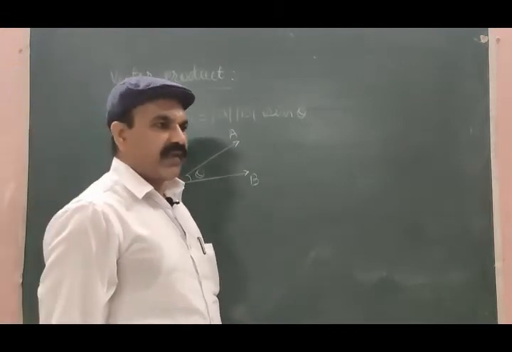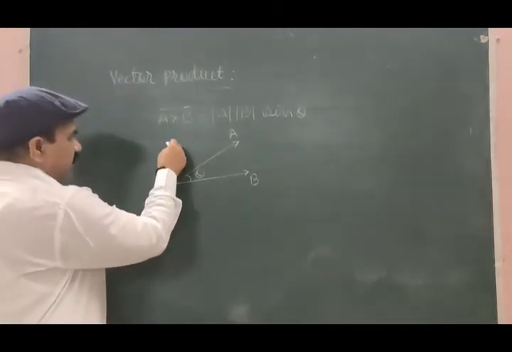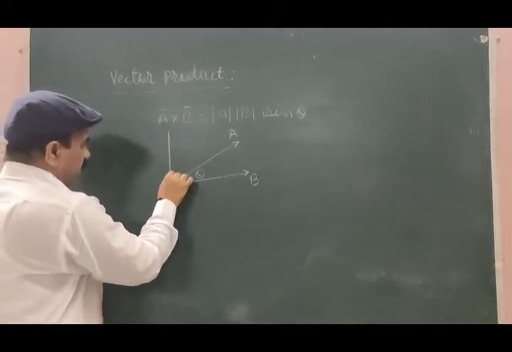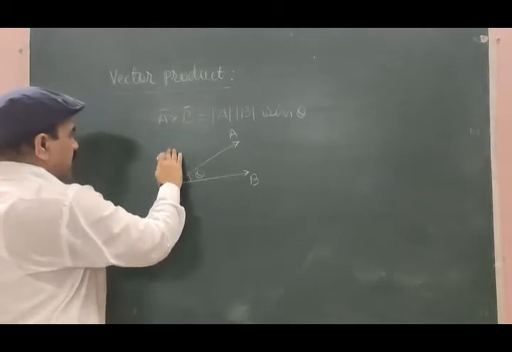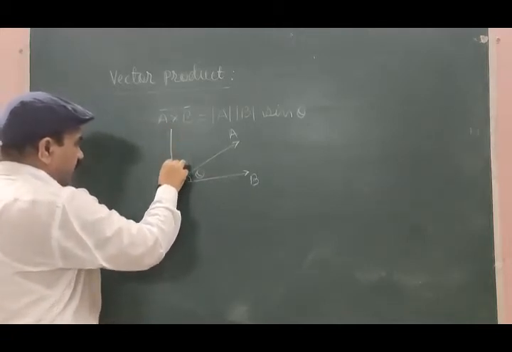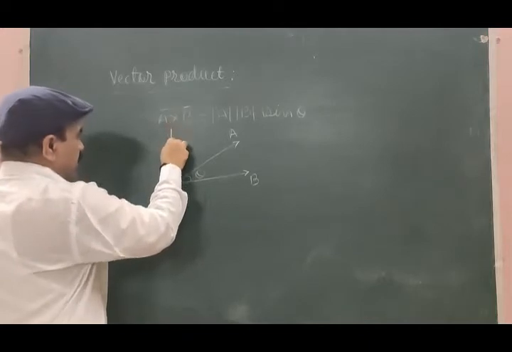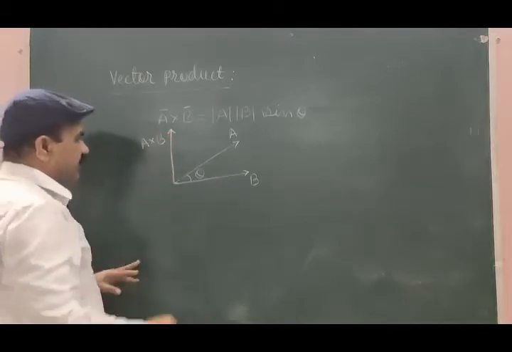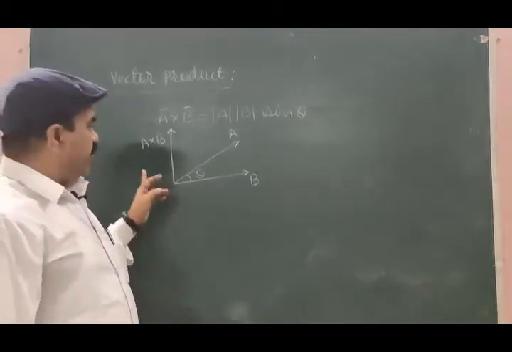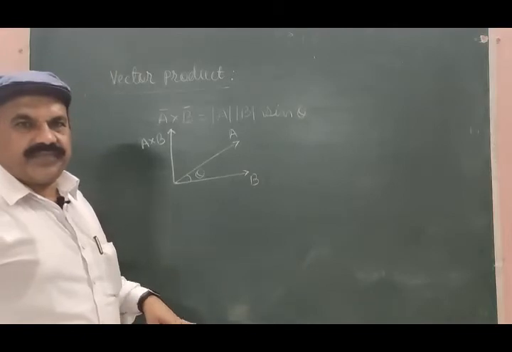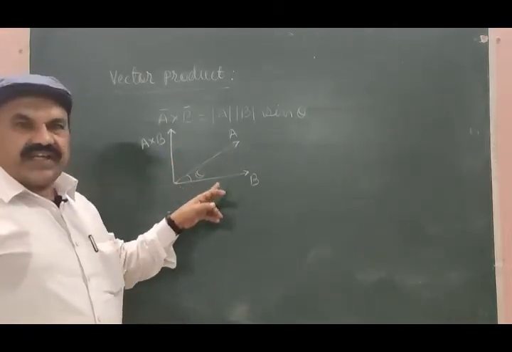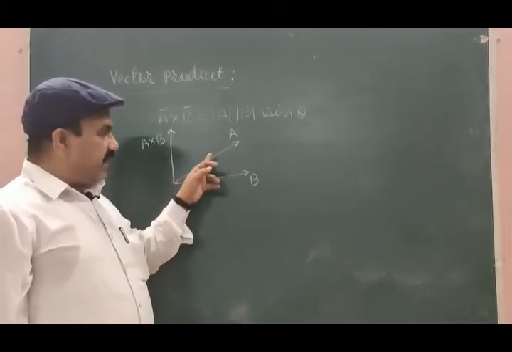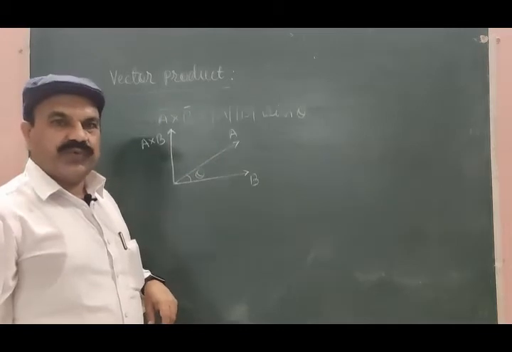Then this vector gives A cross B. Vector A, vector B, theta, the angle between these two vectors.